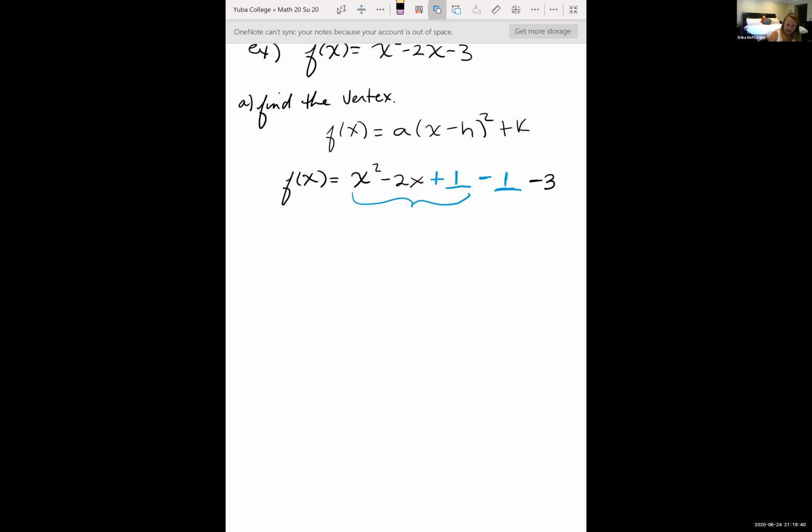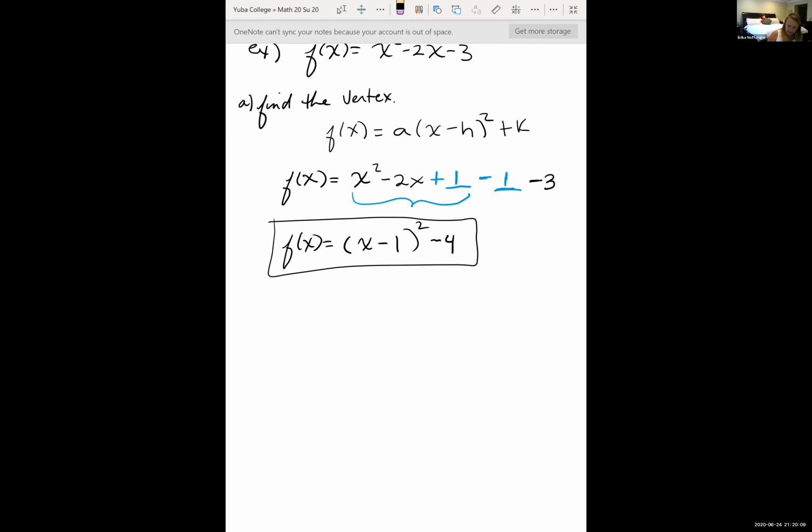And so let's now rewrite those first 3 terms as the perfect square. And so we have f of x is equal to, well, x squared minus 2x plus 1 is the same as x minus 1 quantity squared. And then we have outside of that perfect square, -1 minus 3, which is -4. So it's in vertex form, which is helpful.